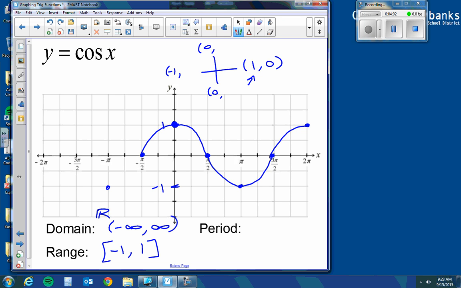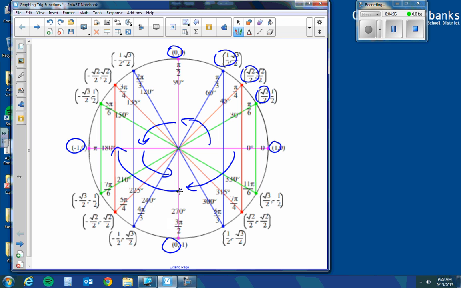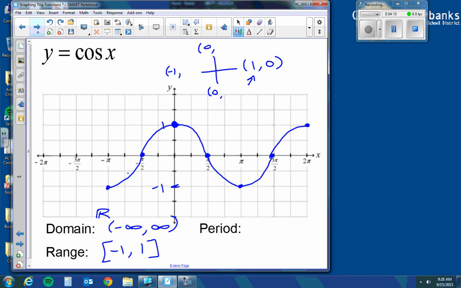And then you're going through the third quadrant, backwards. You went from an x value of 0 to an x value of negative 1. Or if you look at the graph, it just went from here to here, then it's going to go up again, because the same pattern repeats itself. Then it hits the maximum again at negative 2 pi. So how far do we have to go before it repeats itself? 2 pi.